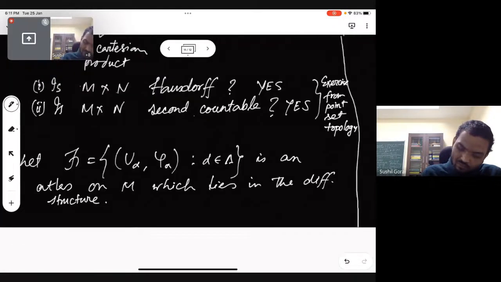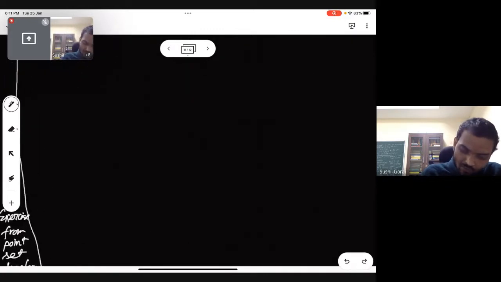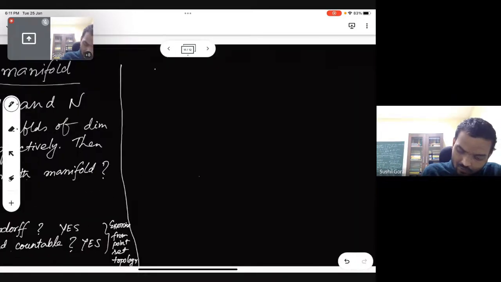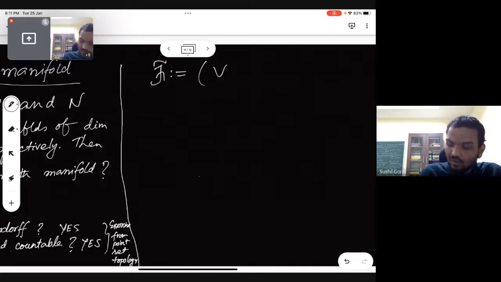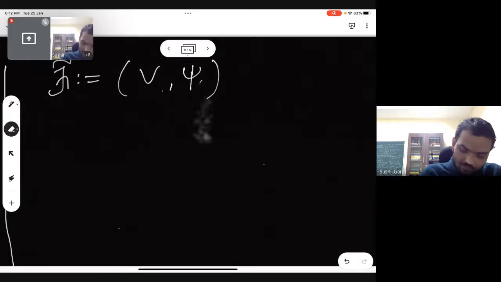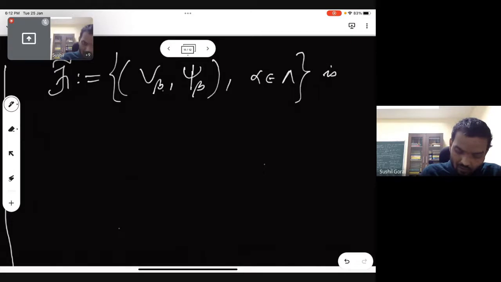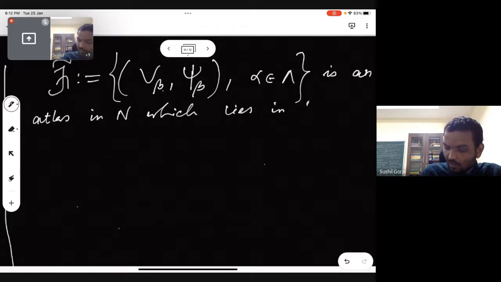And F tilde, which is V beta comma psi beta, beta in some index set, is an atlas in N which lies in the maximal atlas.